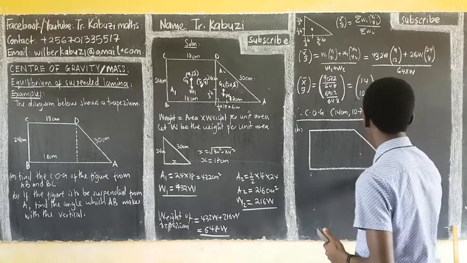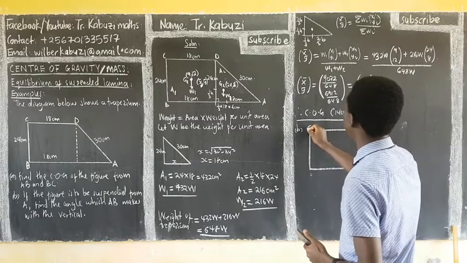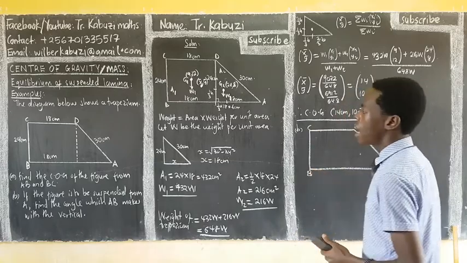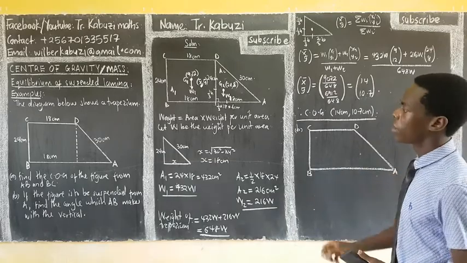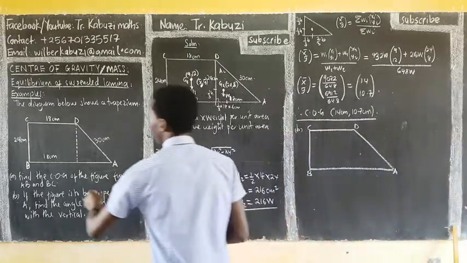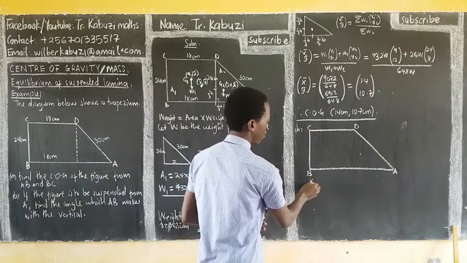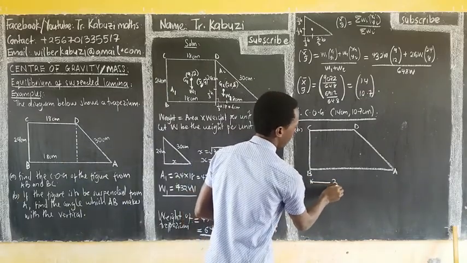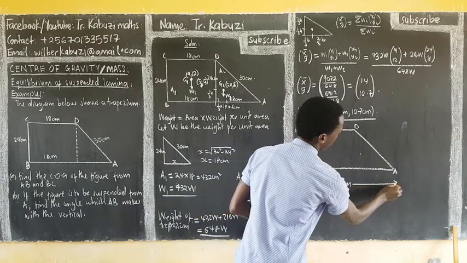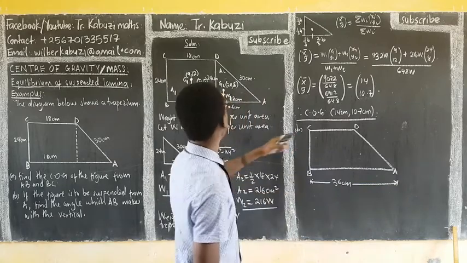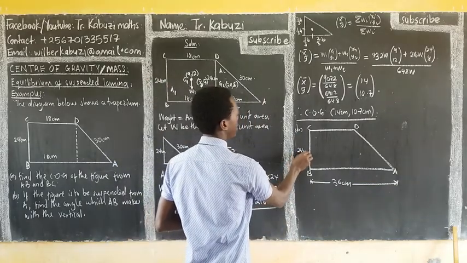So this is our A. This is the B, C, B. Now, of course, we know from here up to here we are going to have 36. When you add this 18 and this 18, we get 36. So from all of there up to here we have 36 centimeters. Then, when we come up, you see up here we have 24 centimeters.